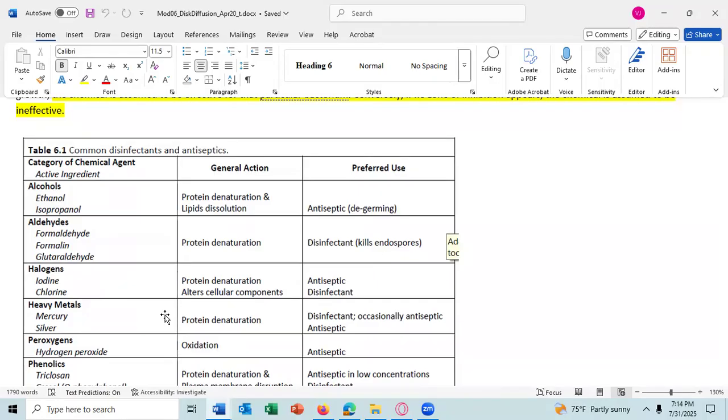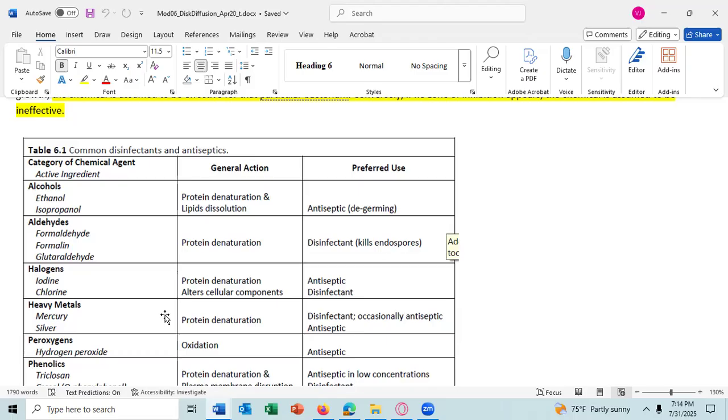And so heavy metals are sometimes used, like in gauze, to prevent bacteria from growing on the wound that the gauze is protecting. So heavy metals are sometimes used as an antiseptic.